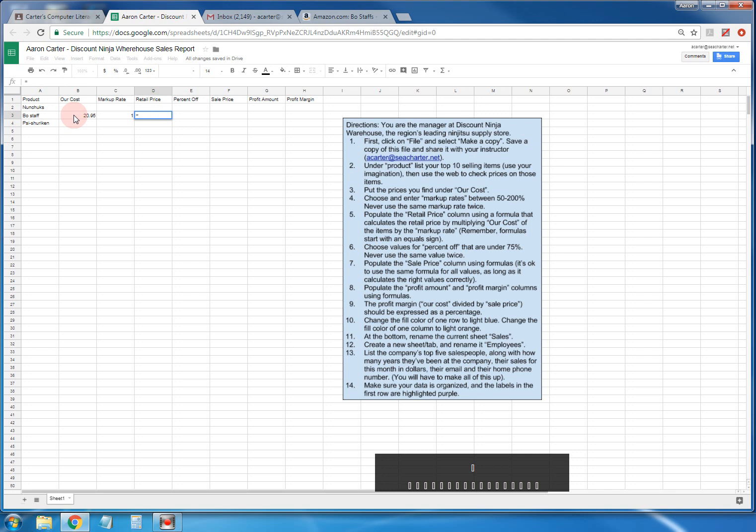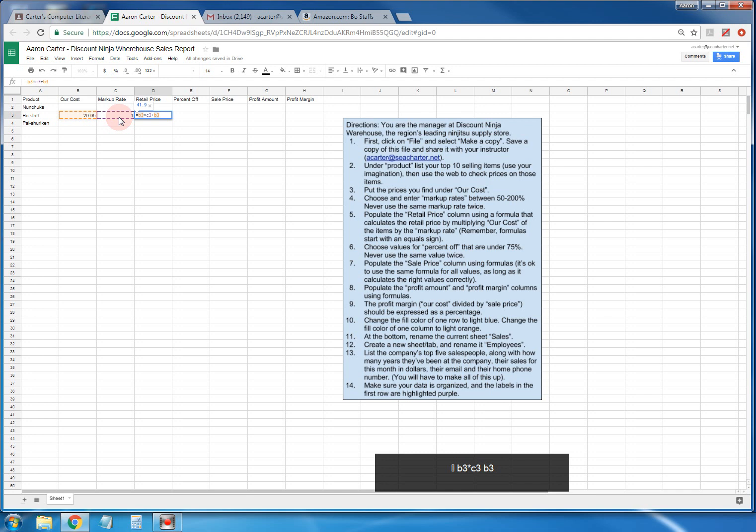So we could type in B3 times the markup rate, which is C3 in this case, C3, and then plus B3 again.